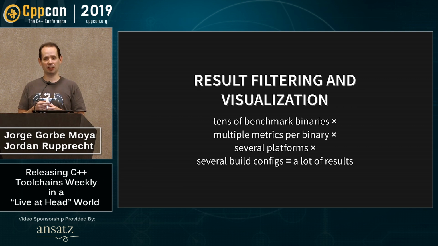We do plain optimized builds, we do profile-guided optimization. So we have a combinatorial explosion here, and it can take significant time to just go over all the results and try to see if there's anything odd. So we have some automatic filtering, we have some custom dashboards, and also these graphs I just showed you were developed by our team.